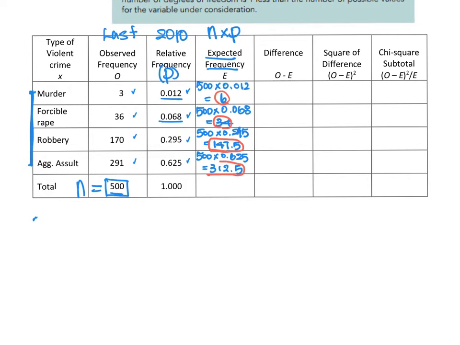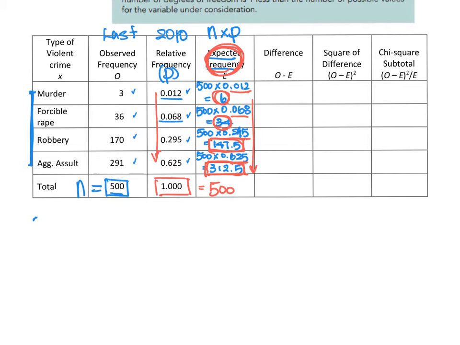When I add up the 6, 34, 147.5, and 312.5, that is 500 again, because the proportions sum to 100%. So we multiplied for each, then the sum is 500 again. The 6, 34, 147.5, and 312.5 are all expected frequencies.